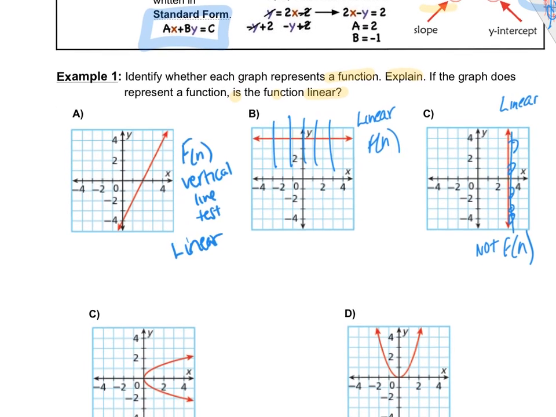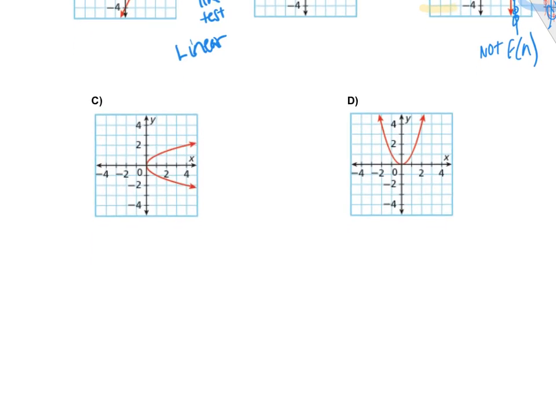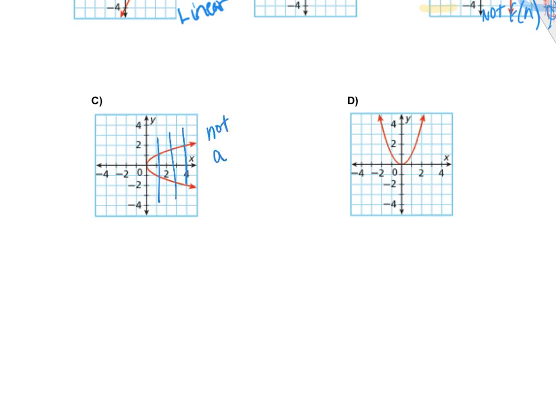As we look through the next couple, this one is also not a function because the vertical line goes through more than one point at a time. And this one is a function because of the vertical line going through only one point at a time.